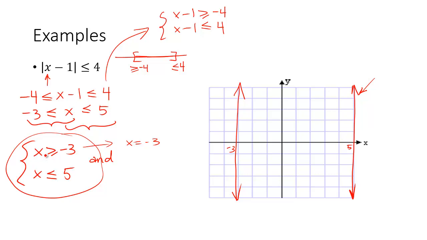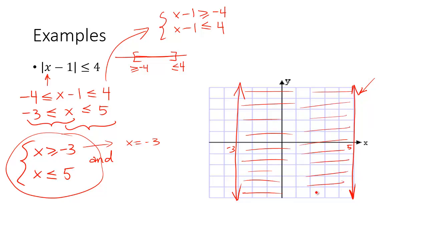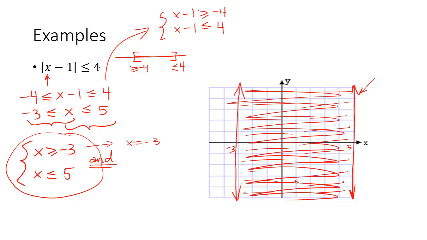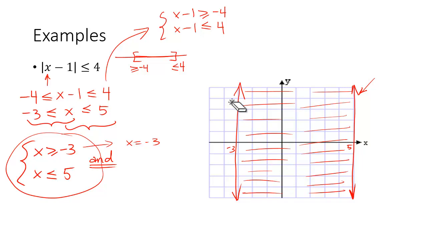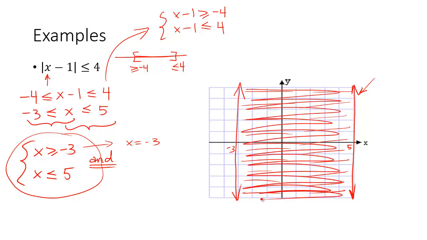We want all our x's to be greater than or equal to this one, the common part, because it's an and statement. So really, you're just getting everything inside there, but not outside of that.